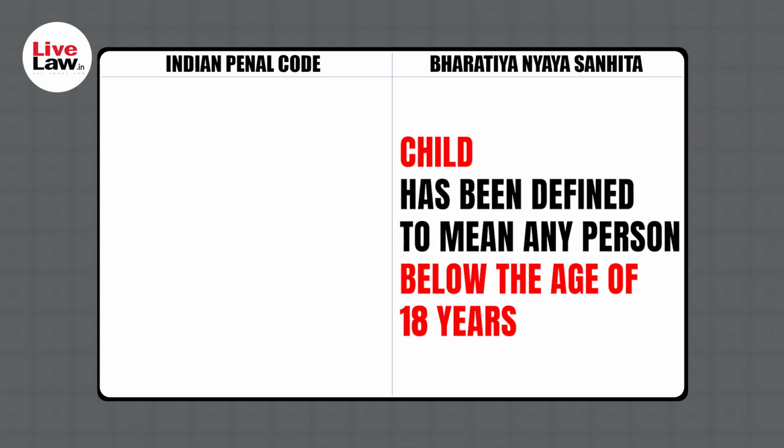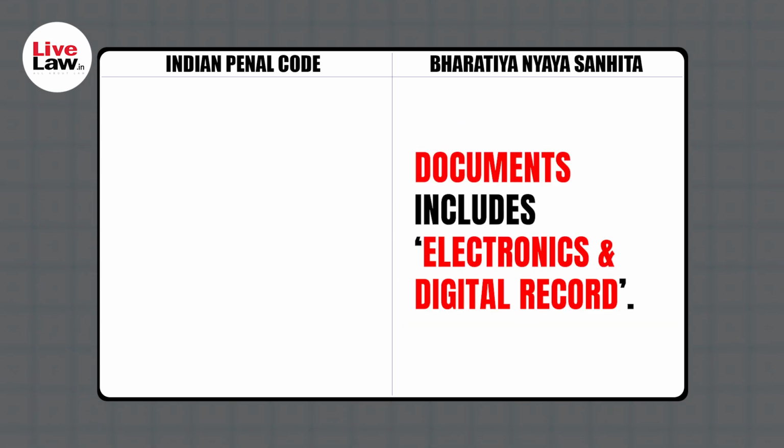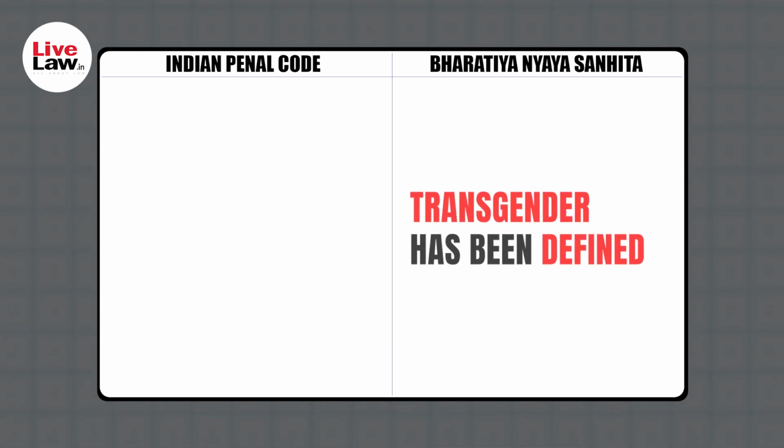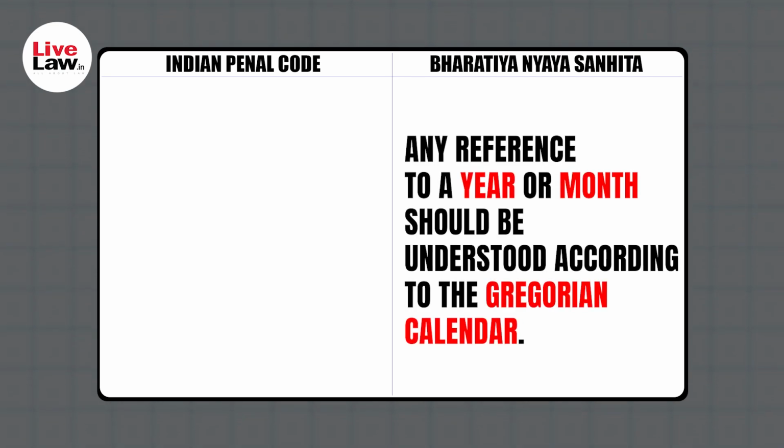Some new changes can also be found in the definitions. For example, child has been defined to mean any person below the age of 18 years. The term documents includes electronic and digital records. The term transgender has now been defined. Further, BNS states that any reference to a year or month should be understood according to the Gregorian calendar.